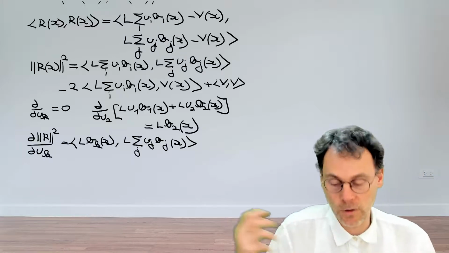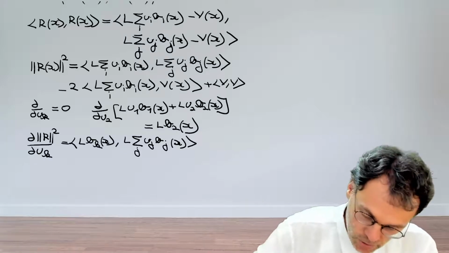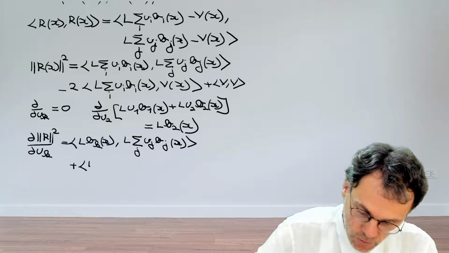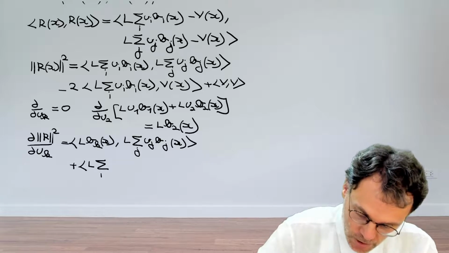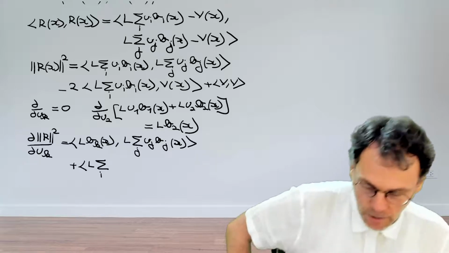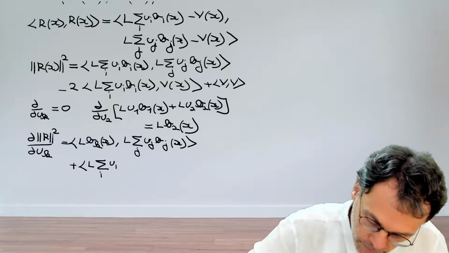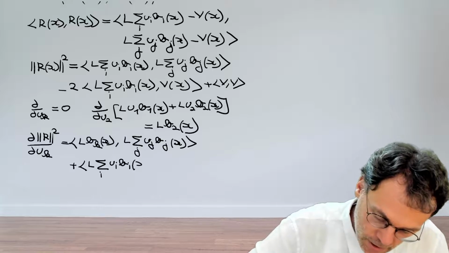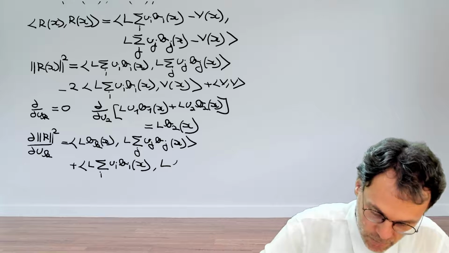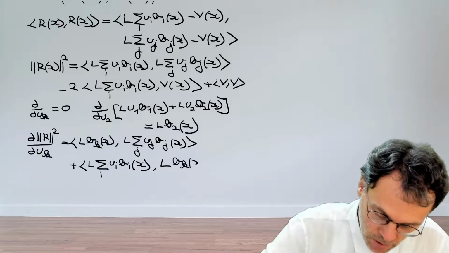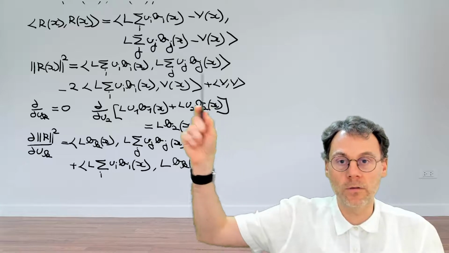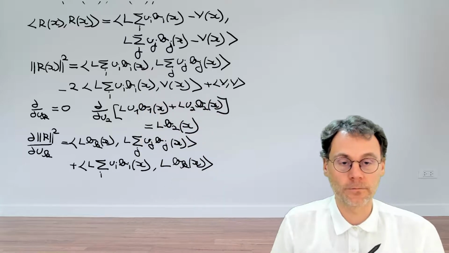We're still not finished with the first term because we need the other contribution. For that second contribution, we just copy the first factor, sum over i of u_i b_i(x), and then we take the derivative. That becomes L b_k(x). So now we've taken the derivative of that first term.